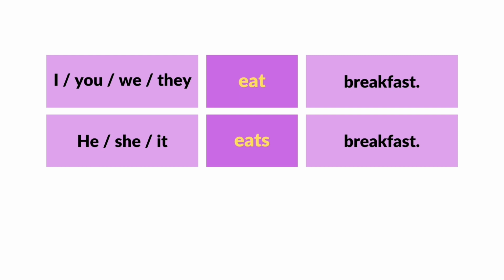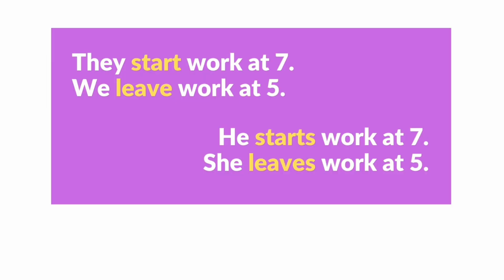So, I eat breakfast, he eats breakfast. You eat, she eats. We, they eat. It eats. Again, when the subject is he, she, or it, we add letter S to the end of the verb. It becomes eats.